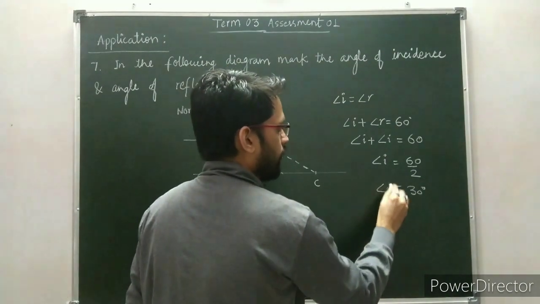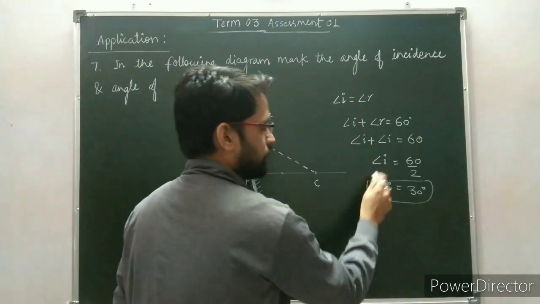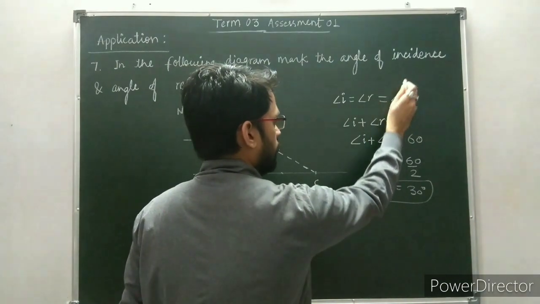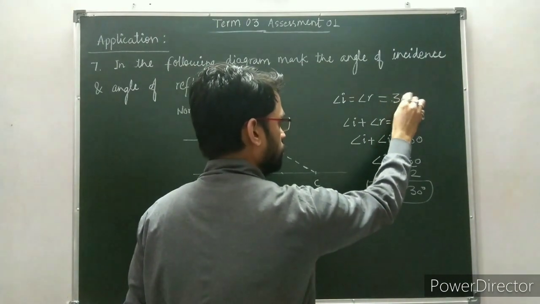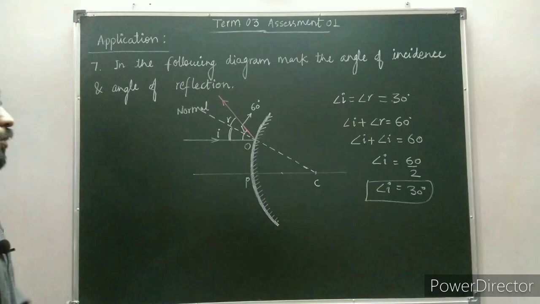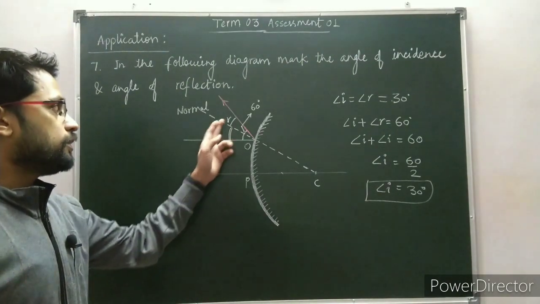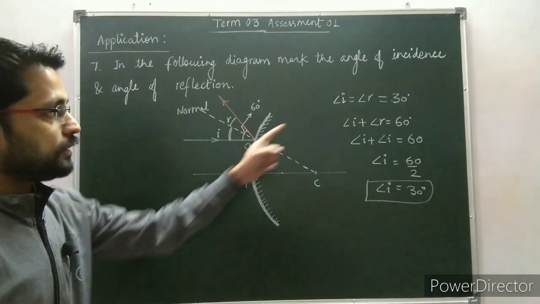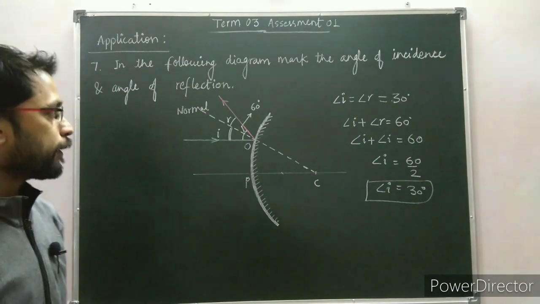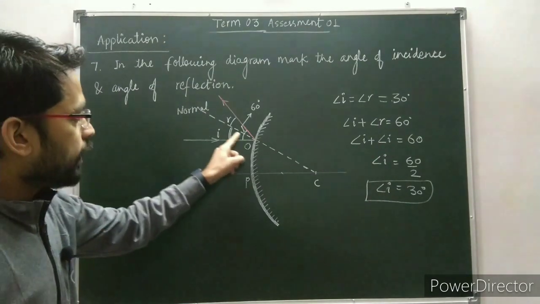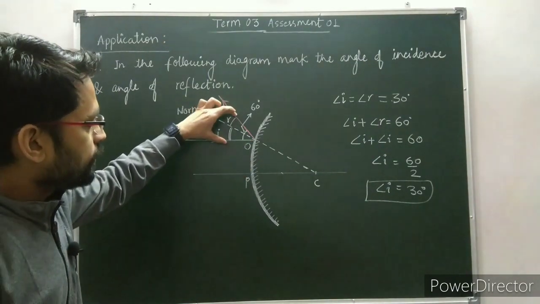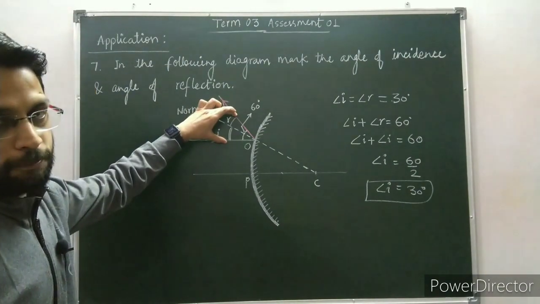Okay, so angle I is 30, which is also equal to angle R. Okay, so angle of incidence is equal to angle of reflection, which is equal to 30 degree. Okay, because this normal line divides the angle equally.